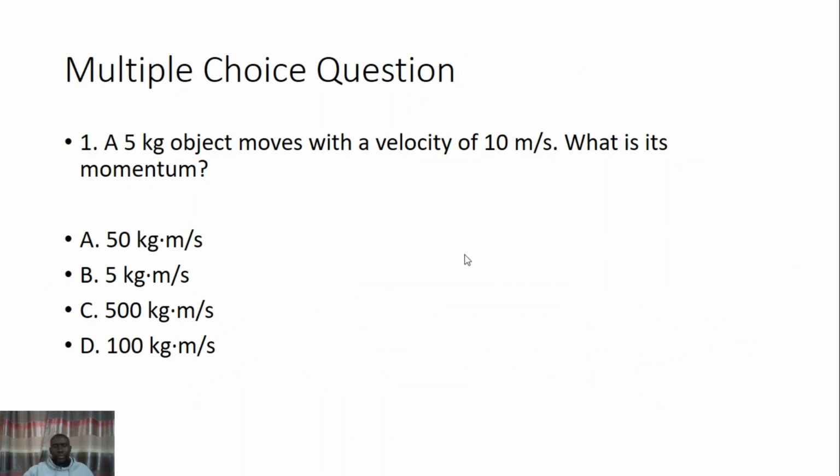Question number one. It says a 5 kilogram object moves with a velocity of 10 meters per second. What is its momentum? Don't forget that momentum is equal to mass times velocity, right? And that will be 5 times 10, which is equal to 50 kilogram meter per second.